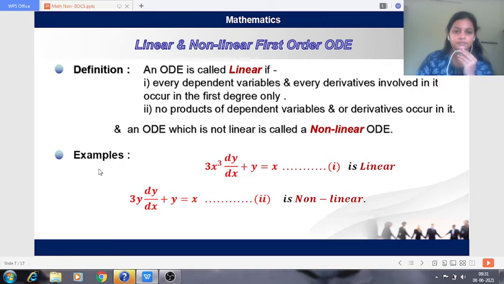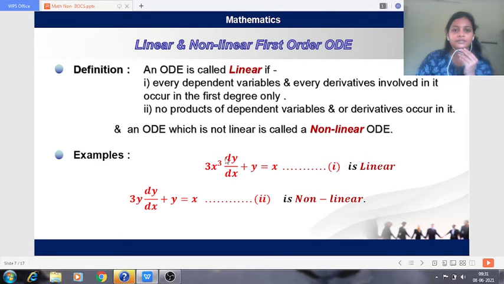Now we see the examples. As for examples, 3x cubed dy dx plus y is equal to x. We take this equation. Now we can easily show that this equation is linear, because in this equation there is an independent variable x, a dependent variable y, and their derivatives with respect to single independent variable x, that is dy dx.